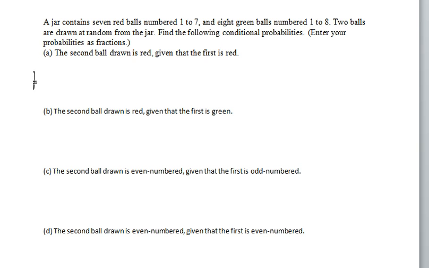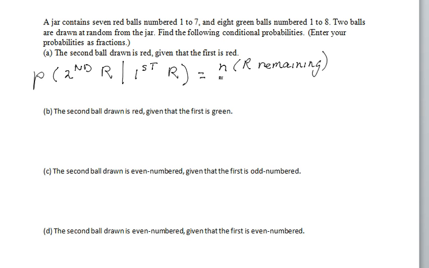So our first question is, what is the probability that the second ball is red given that the first is red? So this is going to be a slightly different process. Here we will have the number of red remaining divided by the number of total balls remaining.